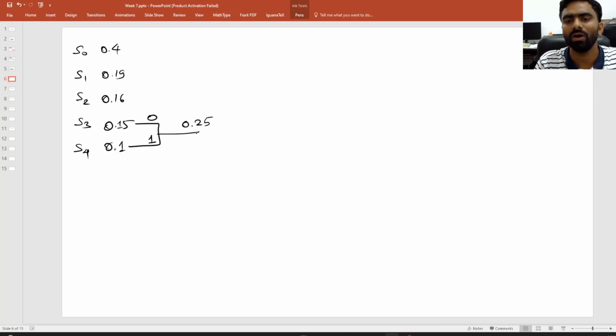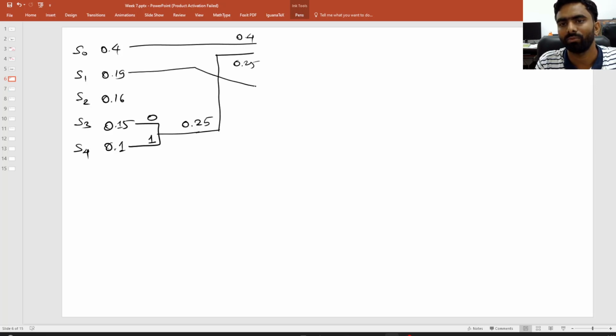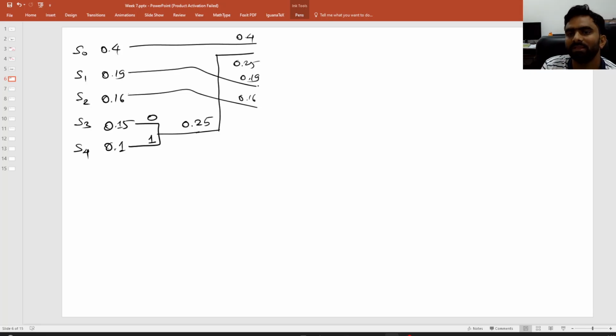Clear? Now place this as the second step. 0.4 will be here, this will be 0.25 and 0.19, and this will be here 0.16. Now, which are the lowest probabilities? These two are the lowest probabilities, 0.19 and 0.16.